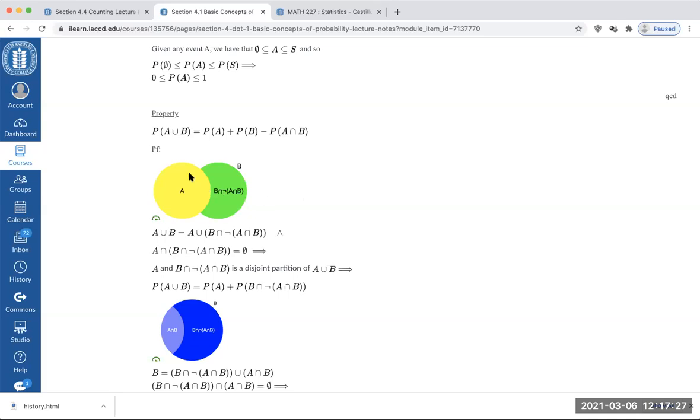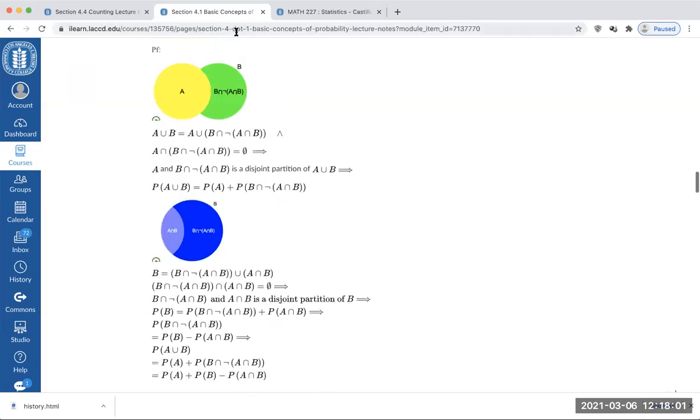And A intersect (B intersect not A intersect B) is, well, the empty set. Therefore, A and B intersect not A intersect B is a disjoint partition of A union B. And so the probability of A union B is the probability of A plus the probability of B intersect not A intersect B.